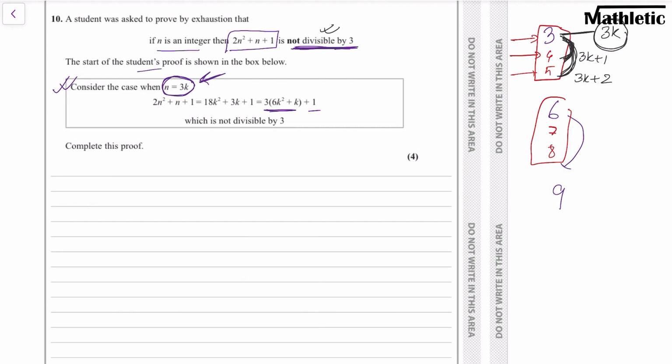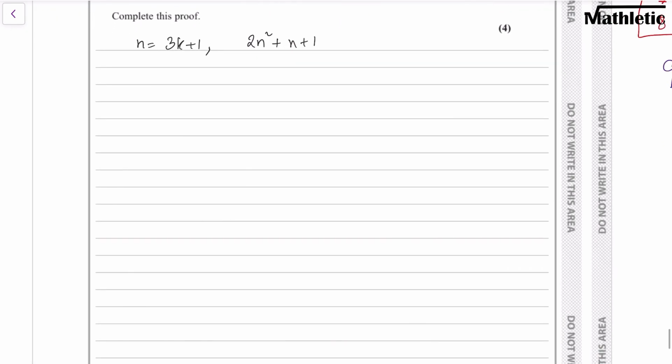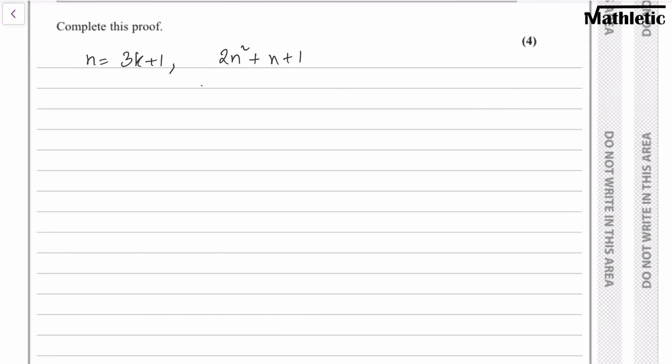So I will start with n = 3k + 1. So I need to prove 2n² + n + 1. So this will be 2(3k + 1)² + (3k + 1) + 1. I will just simplify this.